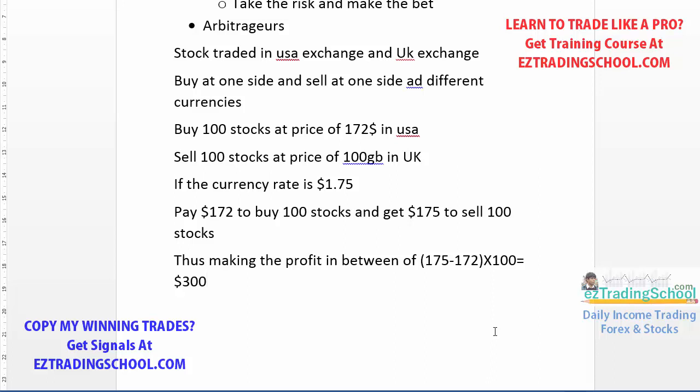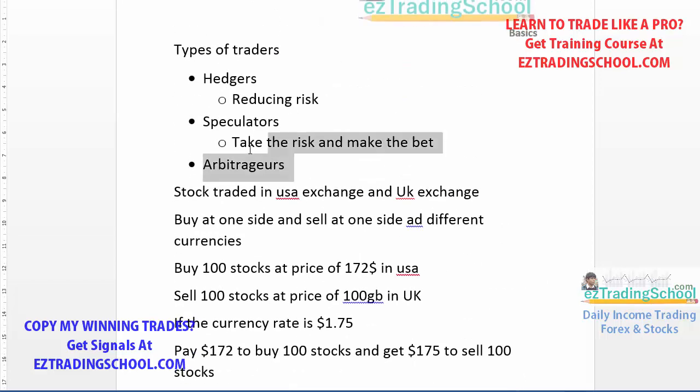It could be $5 to trade, and if you don't have a big size of lot, you're not going to make any profit. So this option is mainly for very big companies to take, and this is something not for us. So we actually fit into the speculator type of trader or the hedgers.